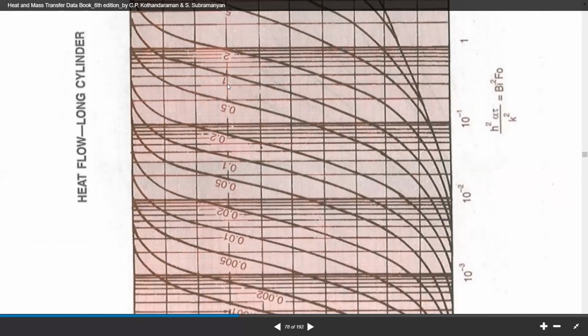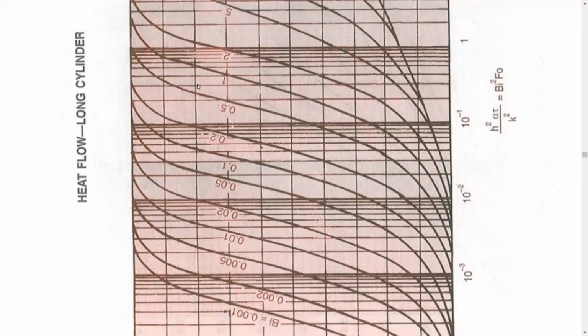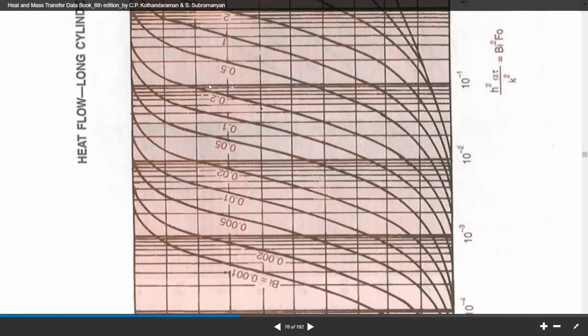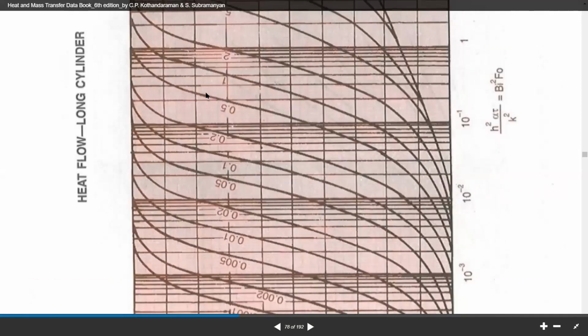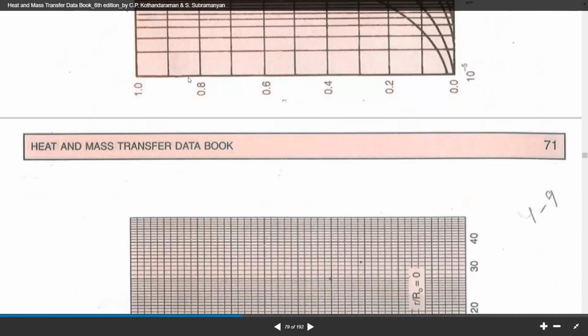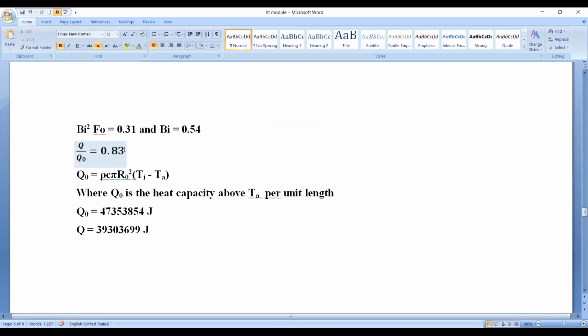And 0.54 is somewhere here. So this is 0.83, okay. Q by Q naught equals approximately 0.83, 0.82, 0.83, 0.84. These are all acceptable values.